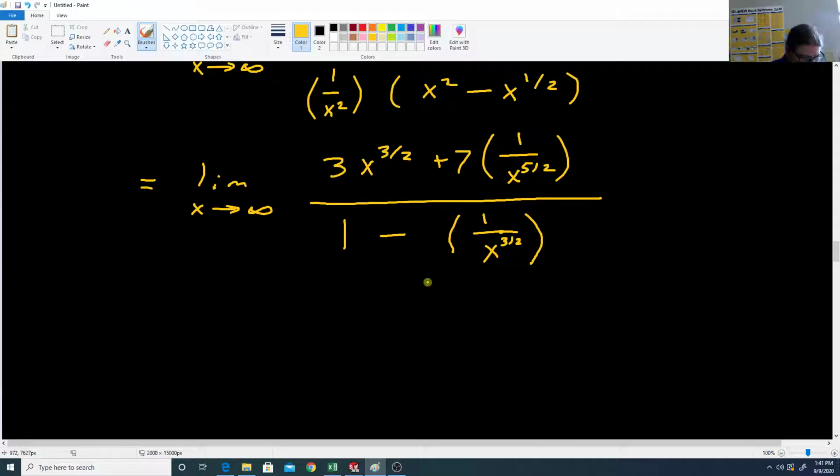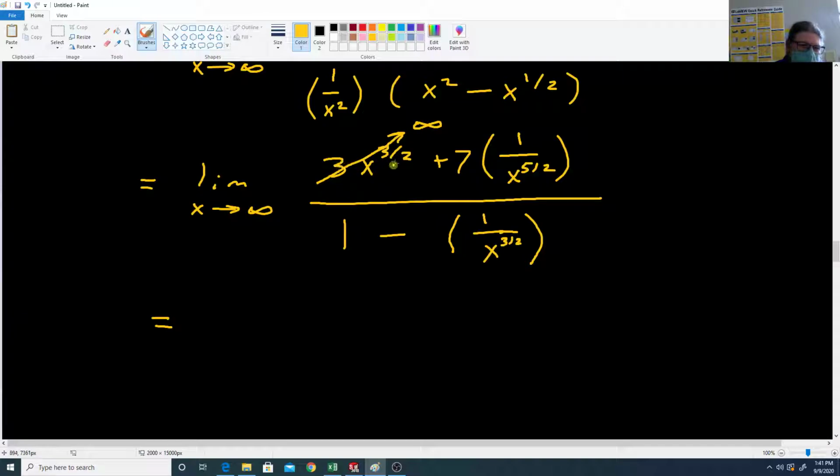Okay, so now let's think about what's going on here. As x approaches infinity, x to the 3 halves is just going to keep getting bigger and bigger. And stuff that's getting bigger and bigger times 3 is just going to continue to get bigger. So this part here is heading up to infinity.